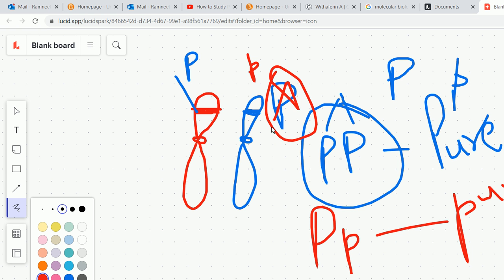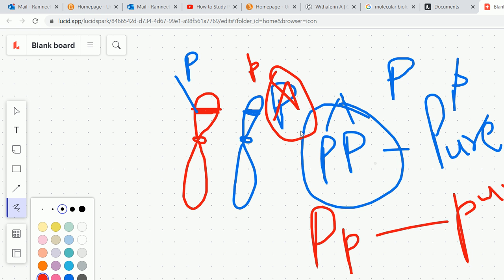Now when both alleles are capital P, the color is purple. When one allele is capital P, another allele is small p, the color of the flower is again purple. So in both these cases, the phenotype, the external character is same, and that is purple. But their genotype is different.